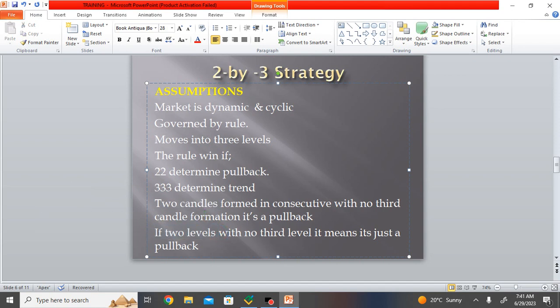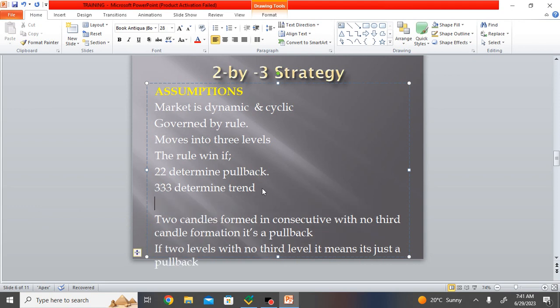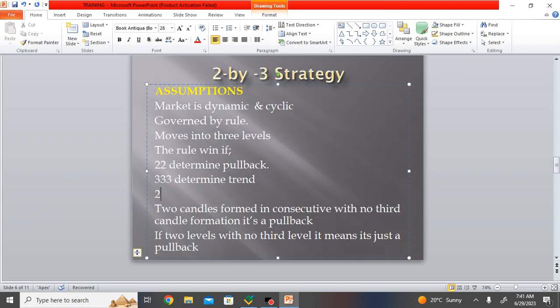So that is not a real trend. So that's the 22 interpretation.